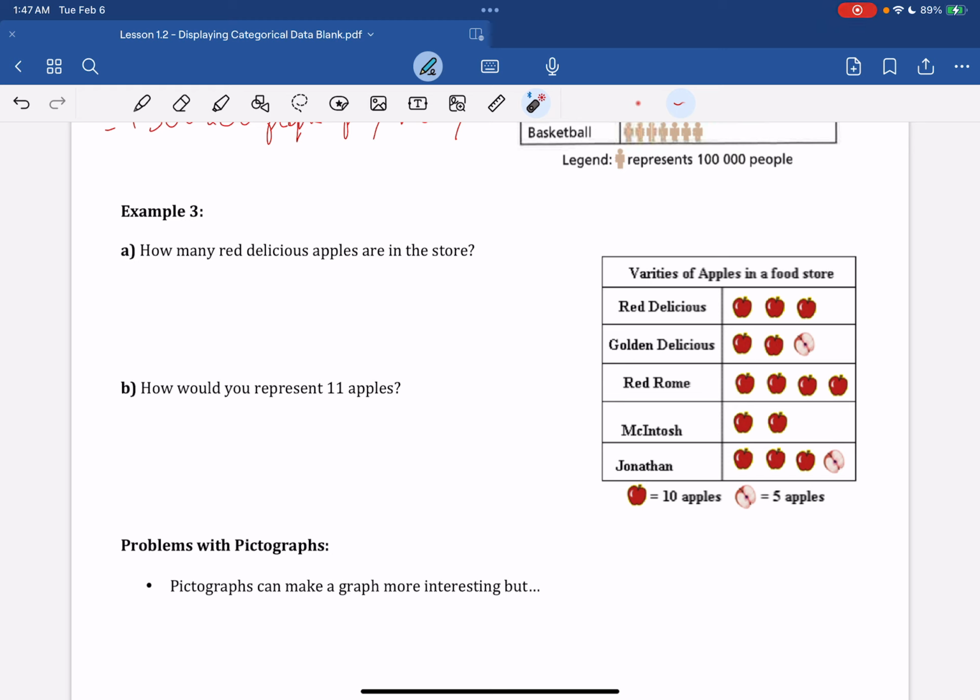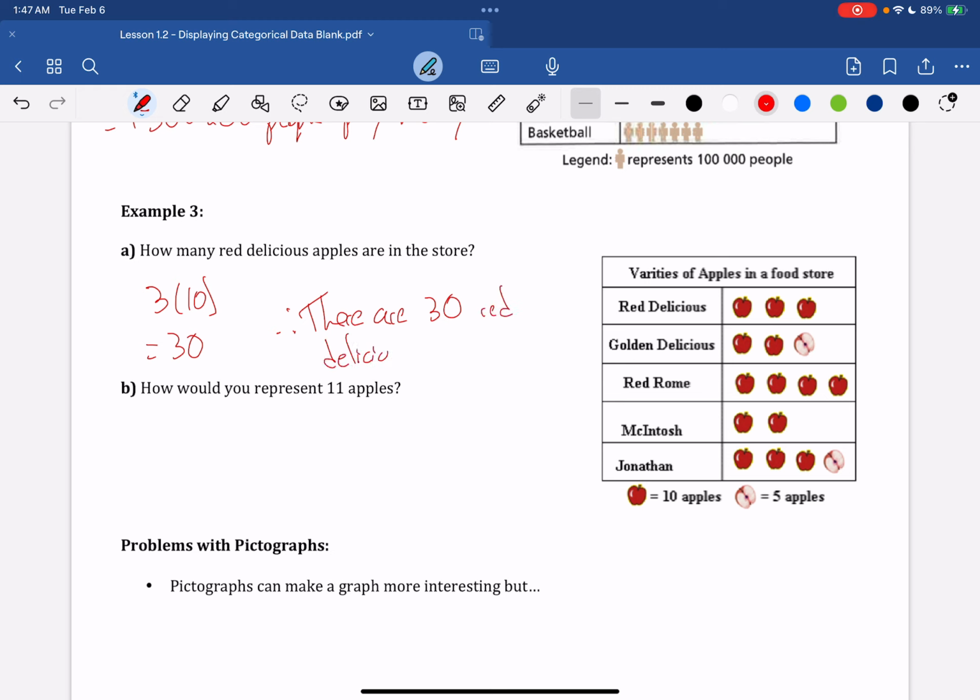So I'm going to find my Red Delicious apples. I have 10, 20, 30. I might think of that as 3 of the images multiplied by 10 to give me 30. I can say, therefore, there are 30 Red Delicious apples.